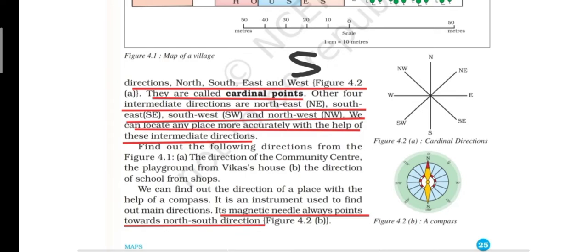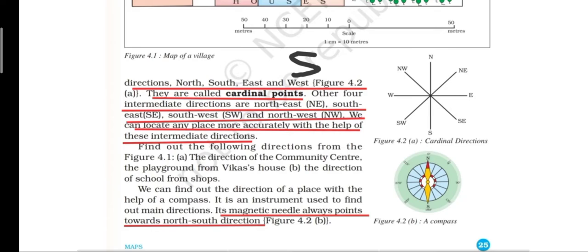So the magnetic needle is always pointing in the north-south direction, and when we know where north and south are, we can easily find out the other two directions, which are east and west. So in that way a compass helps us to find the direction of any place.